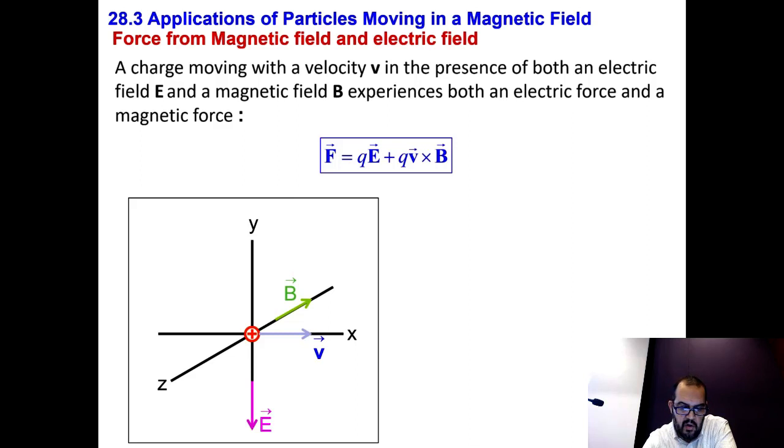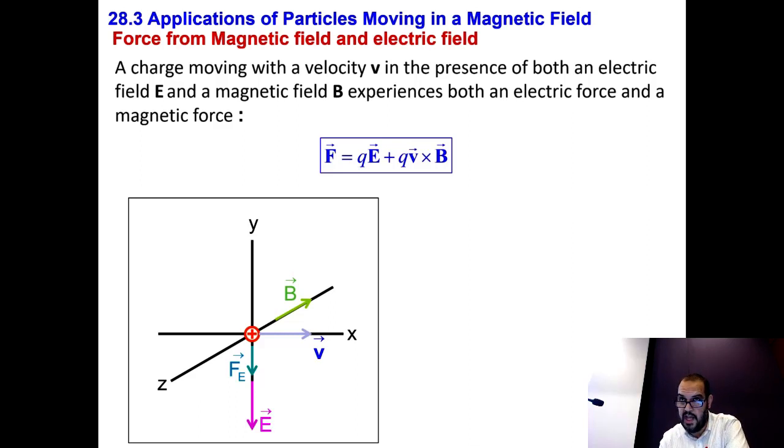First of all, the electric field. When a positive charge is in an electric field, it will experience an electrostatic force. The charge will be subjected to this force, and since it's a positive charge, the force and the electric field are in the same direction. Remember, the force in that case is given by QE.